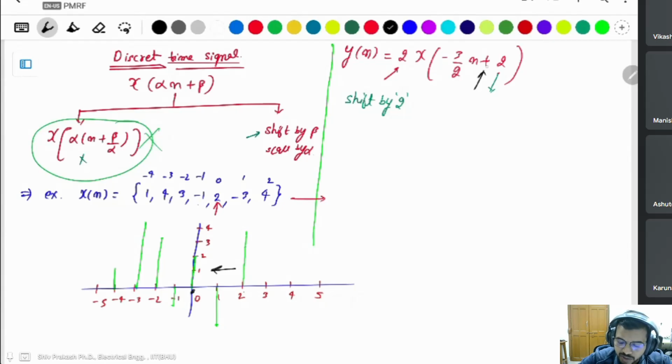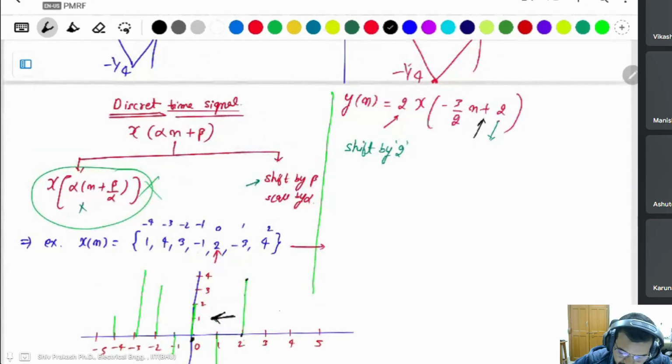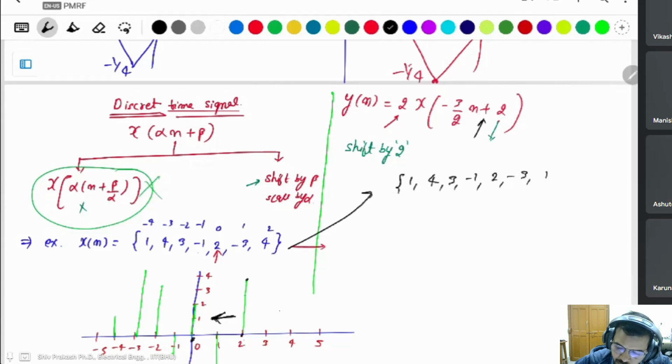If there is a negative, then the whole signal is shifted to the right side by 2. In this case, the whole signal is shifted by 2 to the left side, then this position occurs on the origin. You shift this case, then 1, 4, 3, minus 1, 2, minus 3, 4.